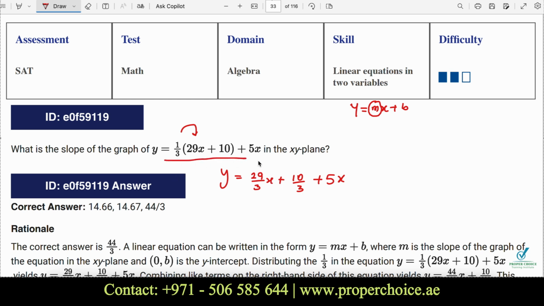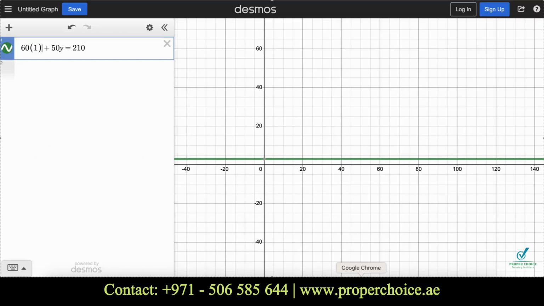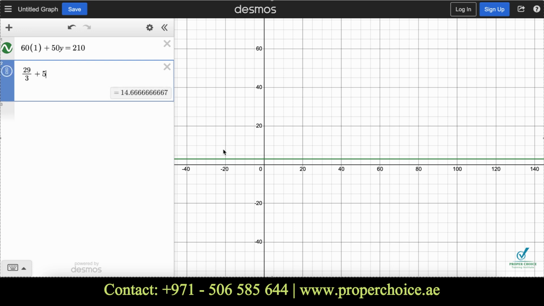Now combine like terms, basically add them. So this equation becomes y equals, what are you going to get? 29 by 3 plus 5. Just check it on Desmos. Adding the like terms gives 14.666, which is equivalent to 44 by 3.